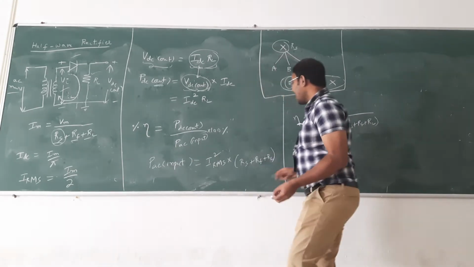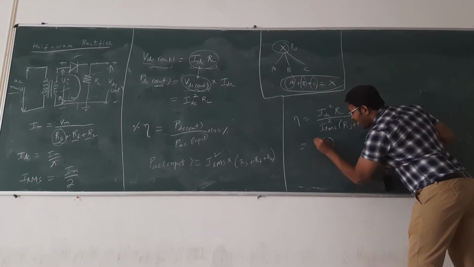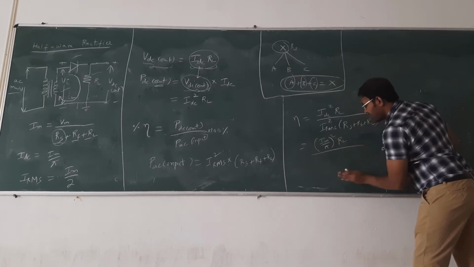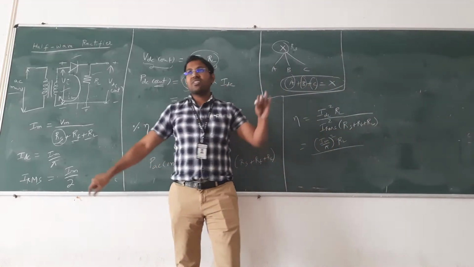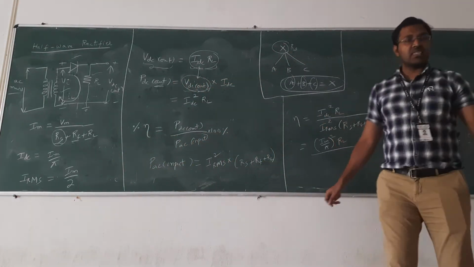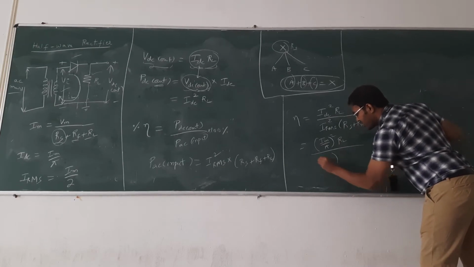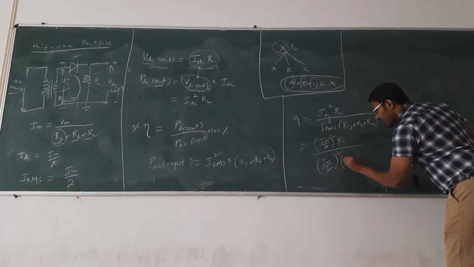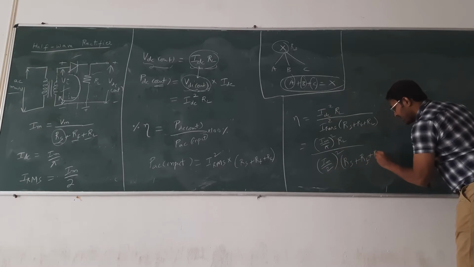IDC is Im by pi. So I write Im by pi whole square into RL, divided by IRMS, which is Im by 2, as we have seen in the previous class. So this will be Im by 2 whole square into RS plus RF plus RL.